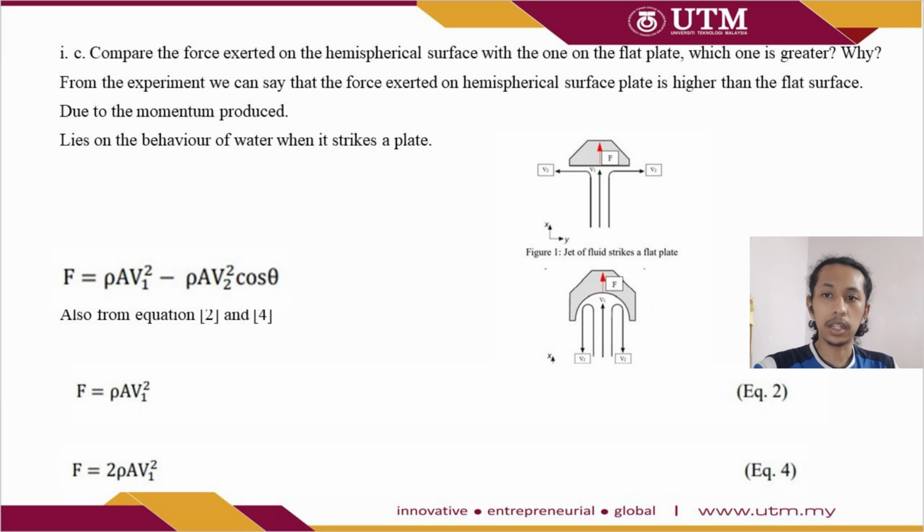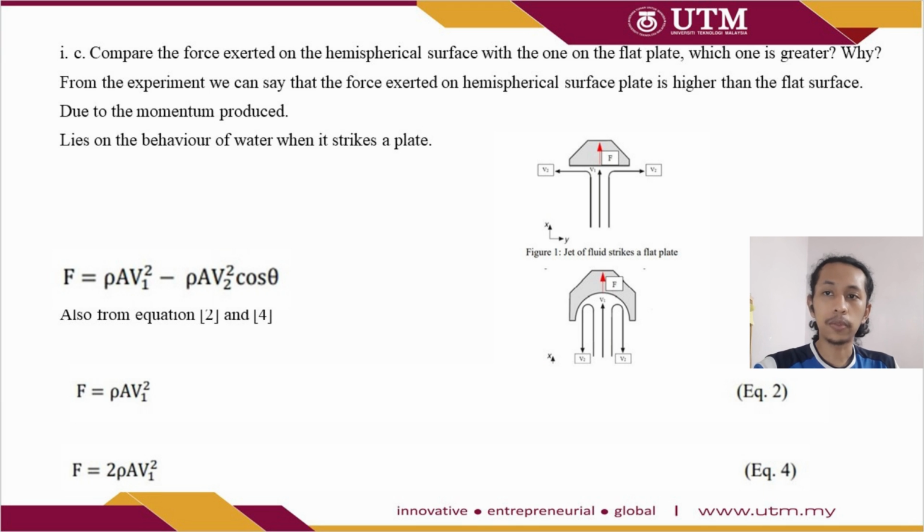Although we cannot really see the spray when it is generated, it does seem that some water falls to the top side of the vane, and this would have the effect of producing a small momentum force in the downwards direction, reducing the net upwards force on the vane. And from the equation, F is equal to rho AV1 squared over rho AV2 squared cos theta.